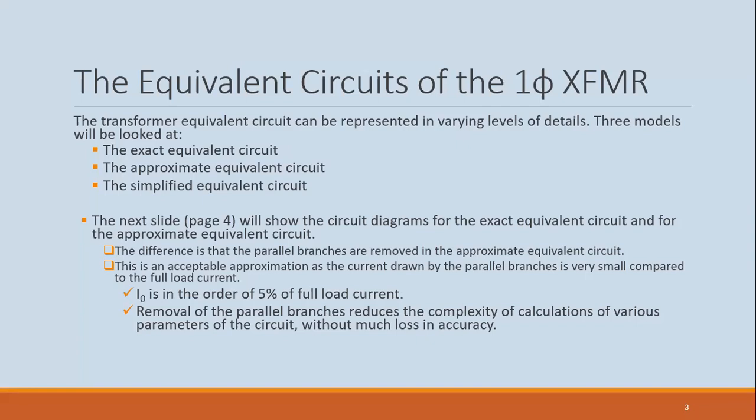So the three types, as I mentioned before, are the exact equivalent, the approximate equivalent, and then the simplified equivalent. In a little while, I will show you two other circuits, the exact and the approximate. While I show you them, I'll point out some of the obvious differences that you will see as you look at the diagram.